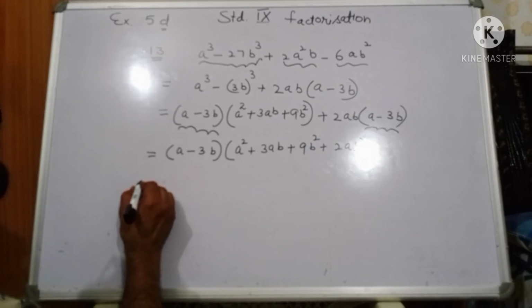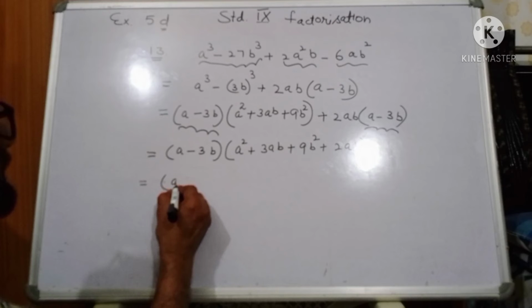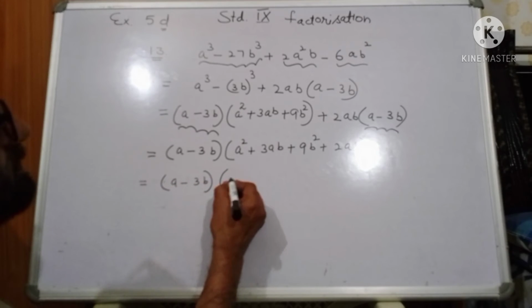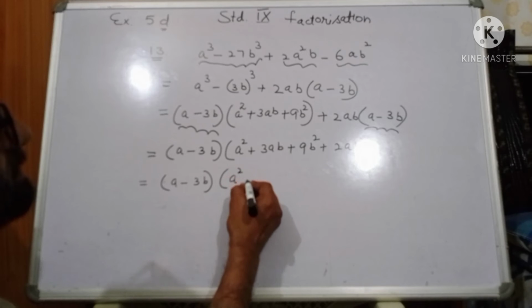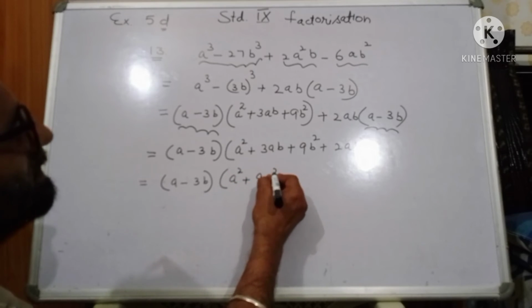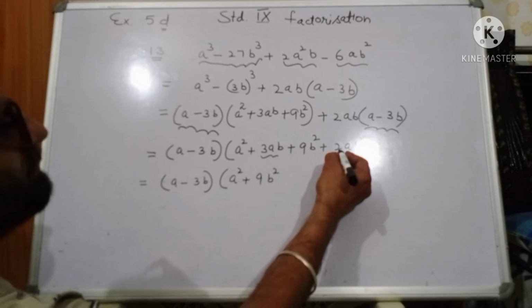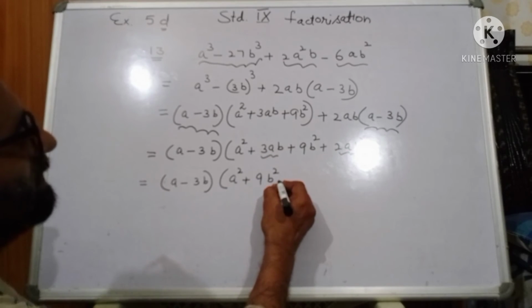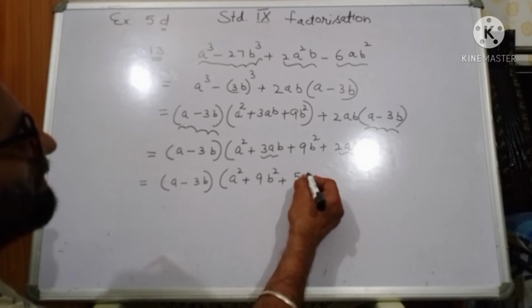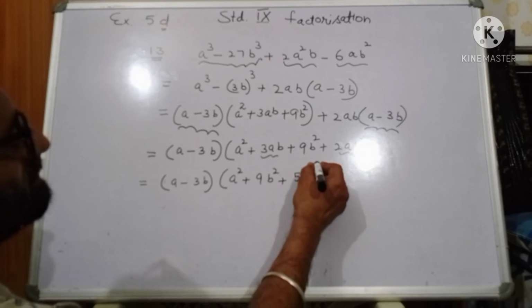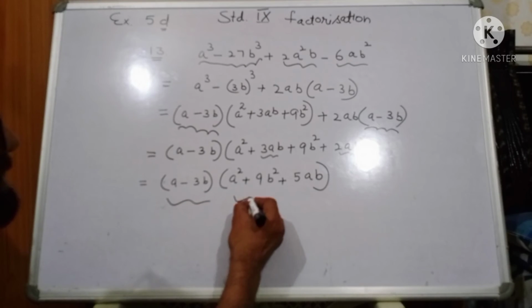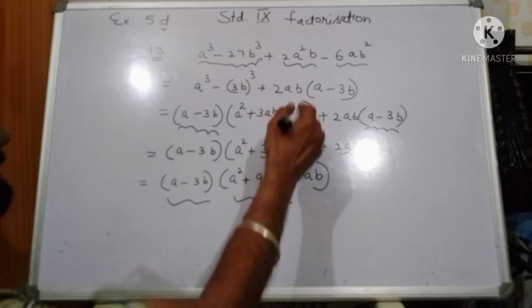So it becomes a minus 3b into a square plus 9b square, 3ab plus 2ab, plus 5ab. So these are the factors of this polynomial.